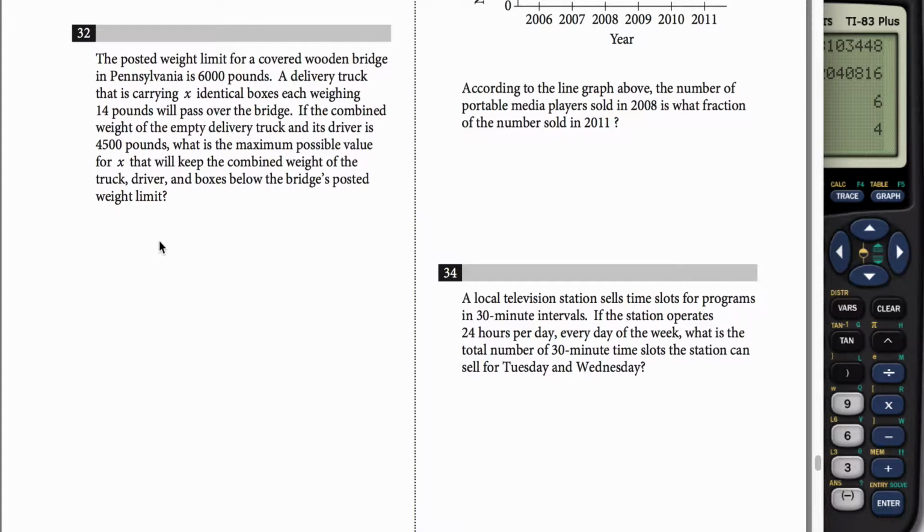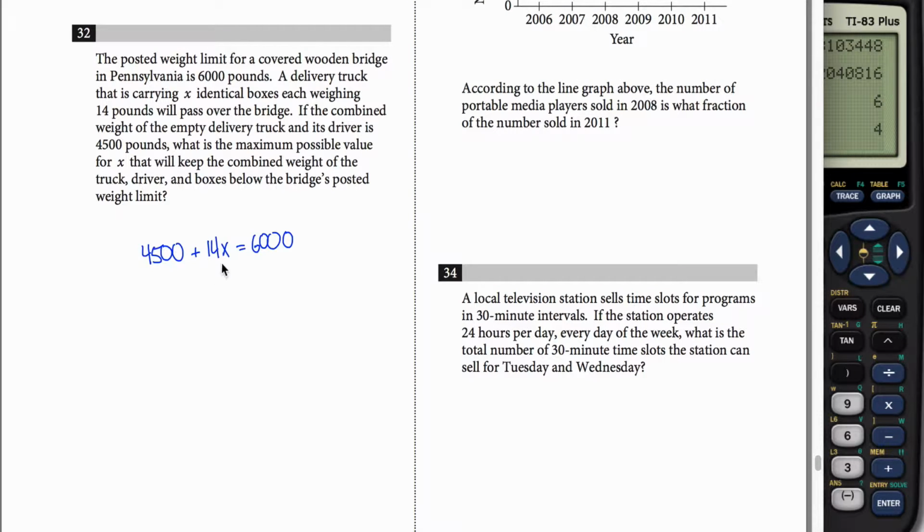Okay, so this ends up being a linear equation. The weight of the truck is 4,500 no matter what, but then it also weighs an extra 14 pounds for each of the X boxes that I have. And the weight limit is 6,000 pounds. So maybe we'll figure out what X would have to be equal to so that this is true.